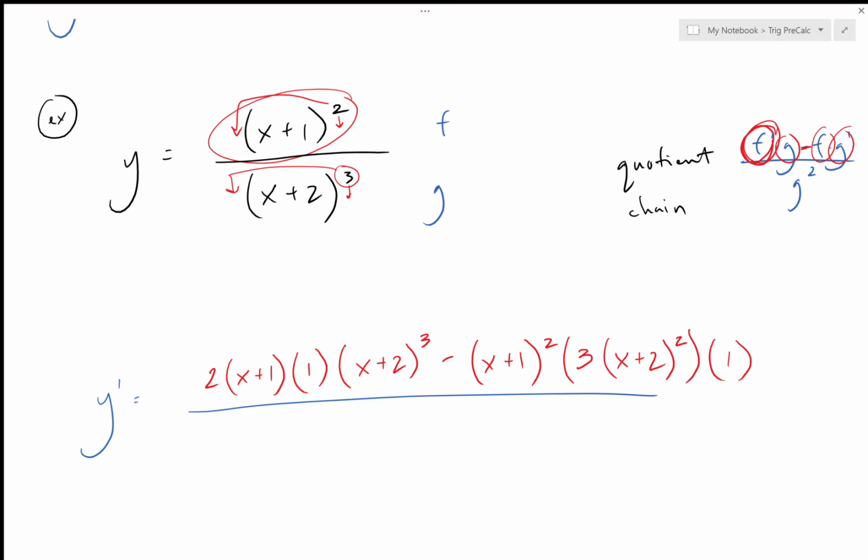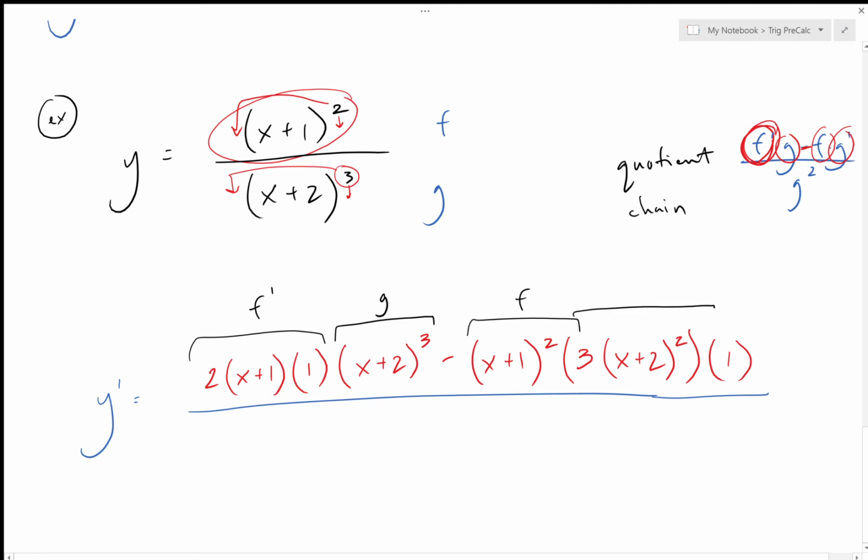So I actually need a little bit more room on my fraction, and there we go. So there's all the top. If you really want to see it here, this part was f, sorry, that was f prime. This was g. This right here was f, and this right here is g prime.